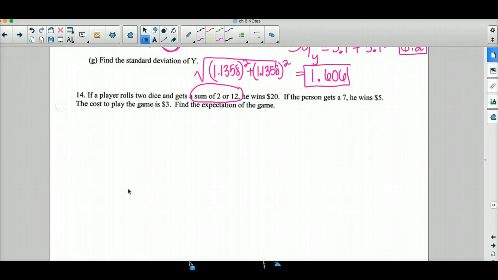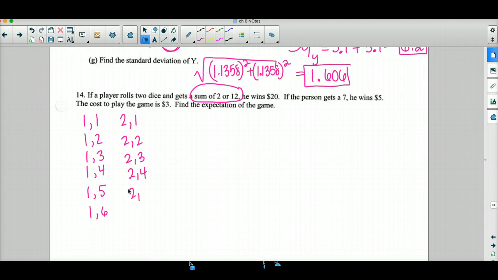me be really clear. So I could roll a 1 and a 1, a 1 and a 2, a 1 and a 3, a 1 and a 4, a 1 then a 5, a 1 then a 6. 2, 1. What's this called? Yeah, this is your sample space. Then I could get a 3 and a 1, a 3 and a 2, a 3 and a 3, a 3 and a 4, 3 and a 5, a 3 and a 6.